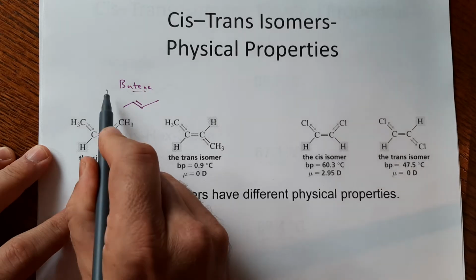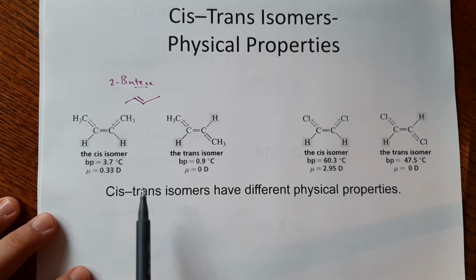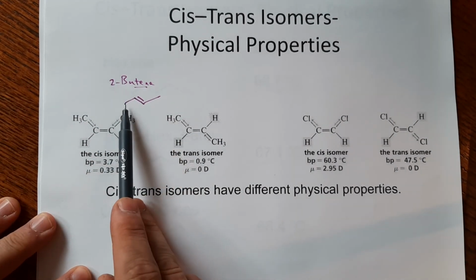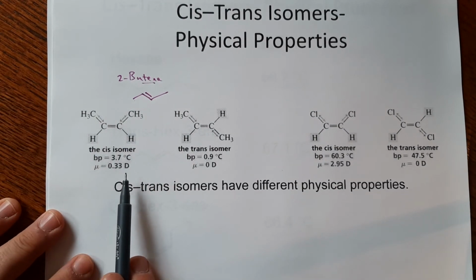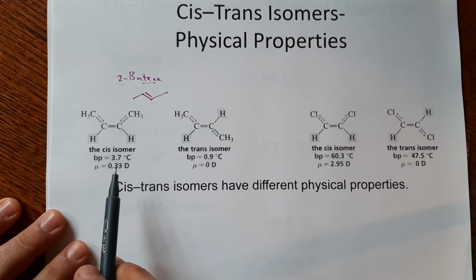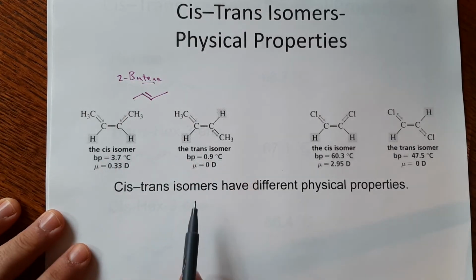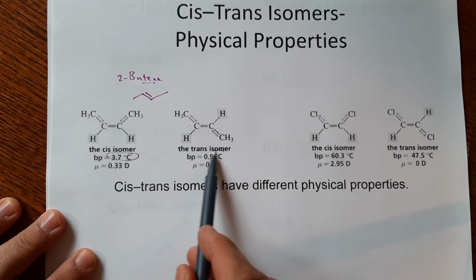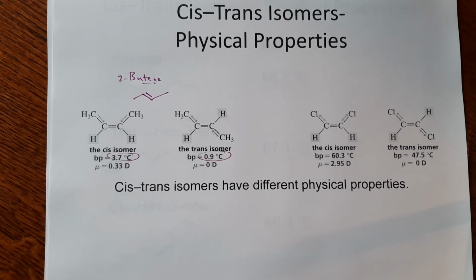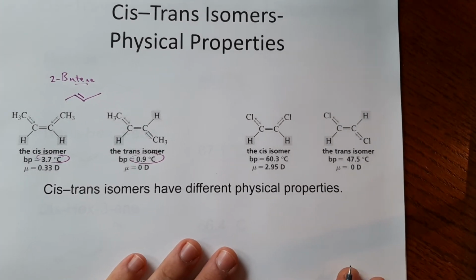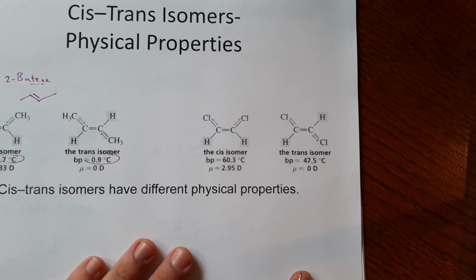This is 2-butene: 1, 2, 3, 4, double bond starting on the second carbon. We have the 2 different options for that, the cis version and the trans version, and still we have them pretty similar, what we would expect.